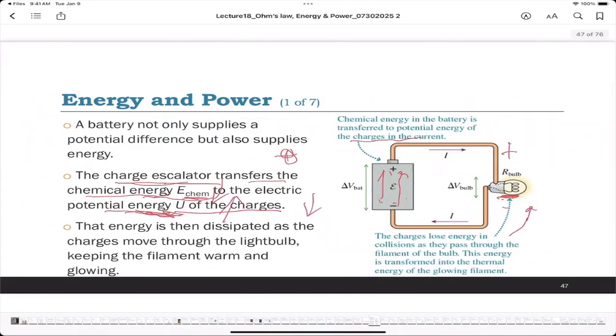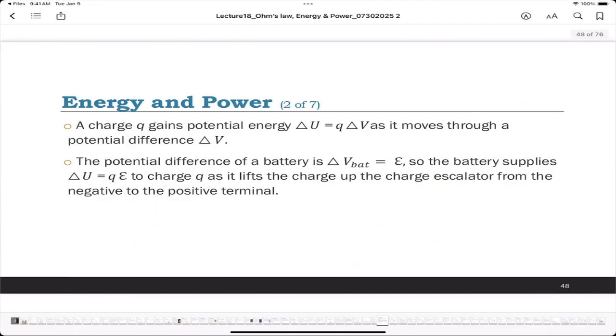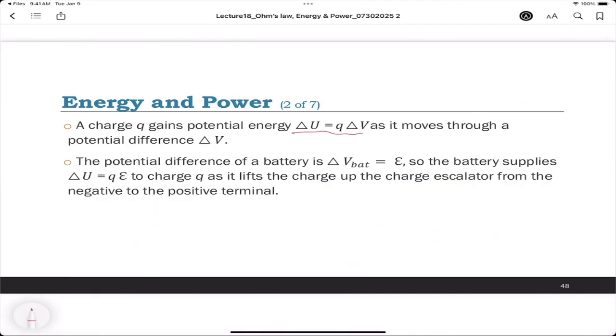This is the conservation of energy. Okay, a charge Q gains potential energy. We know this from chapters 21 and 22. This is the equation for the potential energy change as it moves through a potential difference delta V. Delta U equals Q delta V, and the potential difference of a battery is this one.